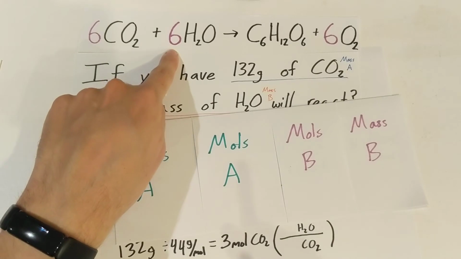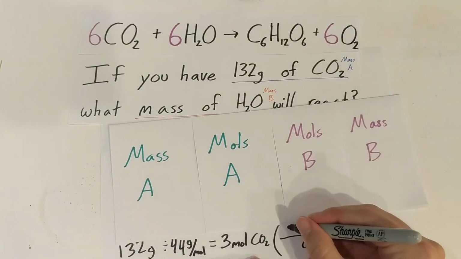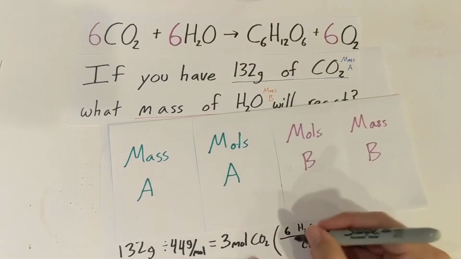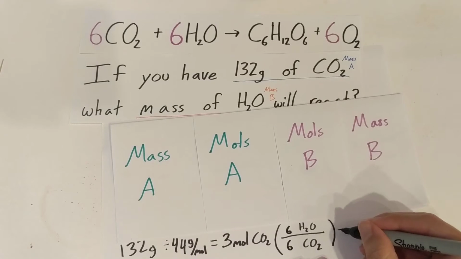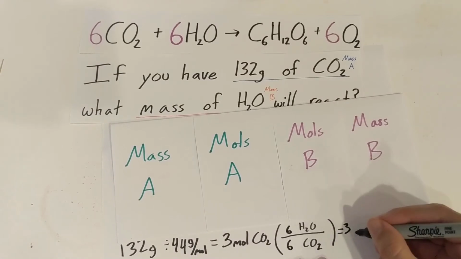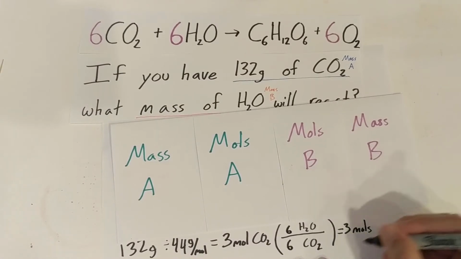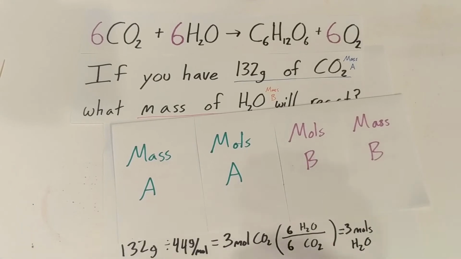And we could see water is 6, carbon dioxide is 6. So that balances out. It'd be 3 times 6 divided by 6, or it would be 3 moles of water.